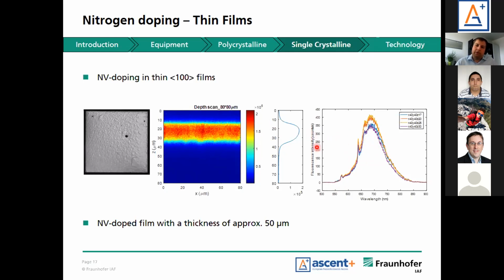So directly after growth, we end up having this nice luminescent spectrum. What is important to mention is also that the ratio of NV minus to NV zero is rather high. And this is important because for quantum sensing applications, you need the NV center to be in the NV minus state. Otherwise, you don't have the electron spin that can be addressed.